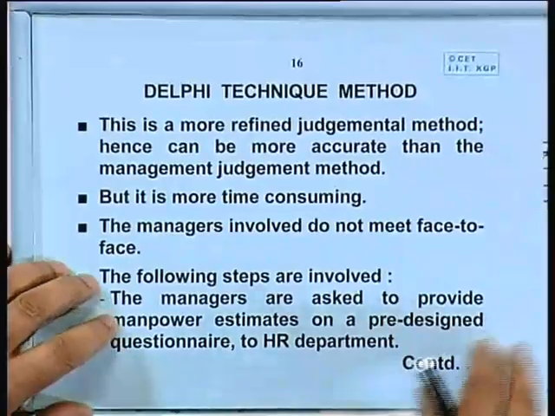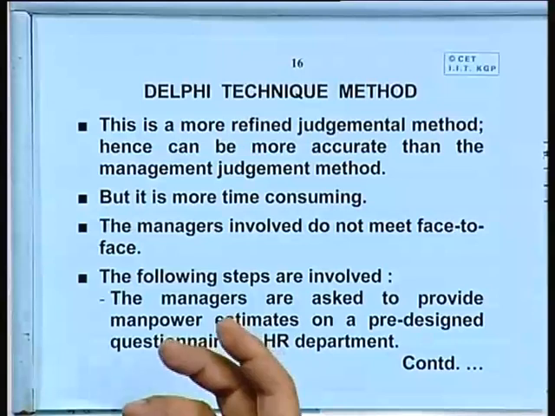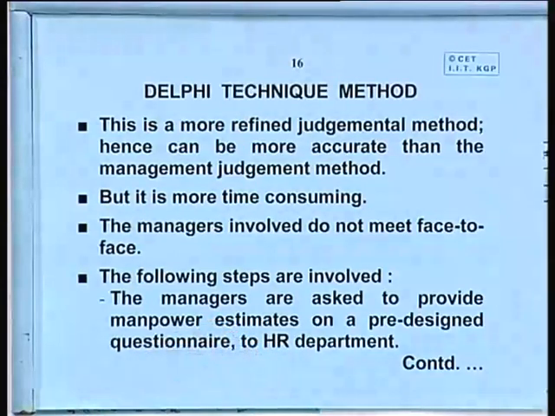Now, we come to your question: what is the Delphi Technique method? Now, this is a more refined judgmental method. Remember, it is refined but judgmental. And in essence, how do they refine judgment?